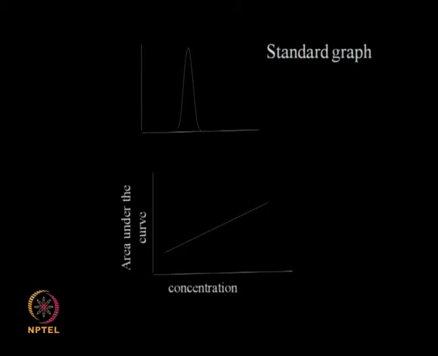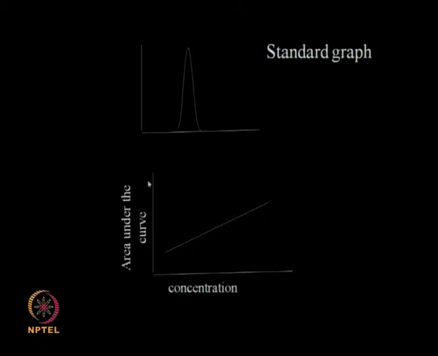You prepare something called a standard graph. Now you know what that particular compound in your mixture is. So you take different concentrations of that compound, inject them into your HPLC and get the area under the curve. Then you plot a graph between the area under the curve and the concentration.